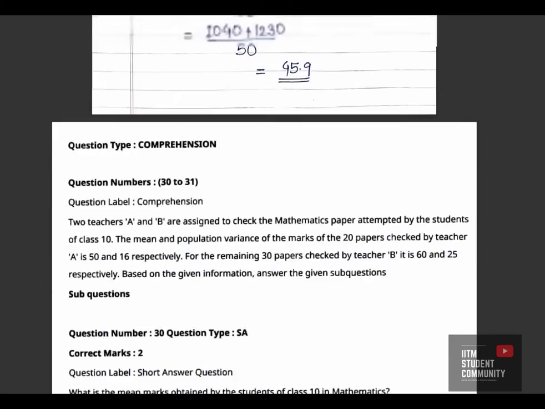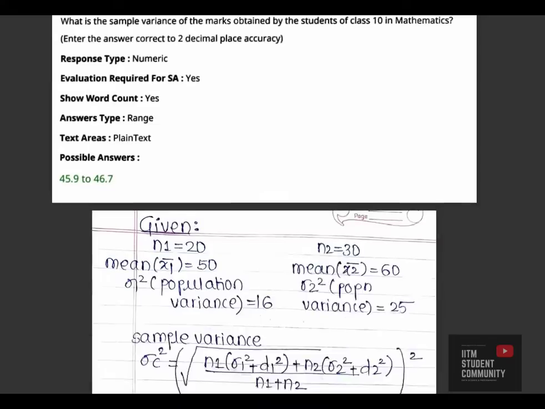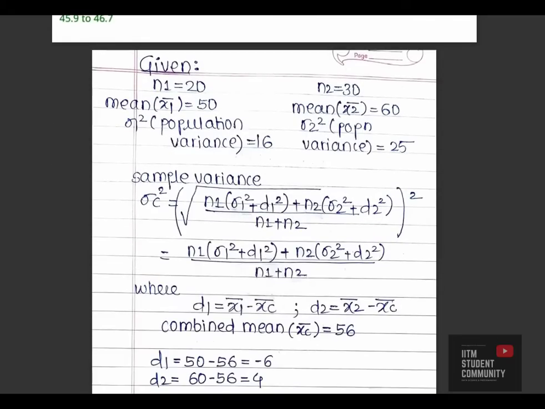And after that we have been asked, what is the sample variance of the marks obtained by students of class 10th. So using the information from the comprehension, we list out the given part. We have n1 and n2, we have mean, we have population variance.